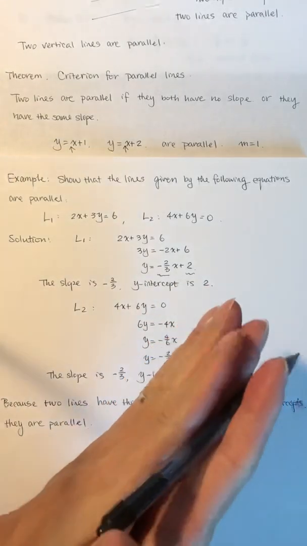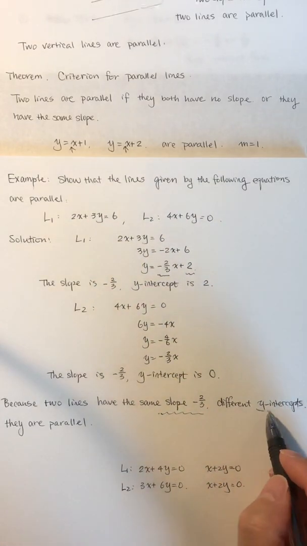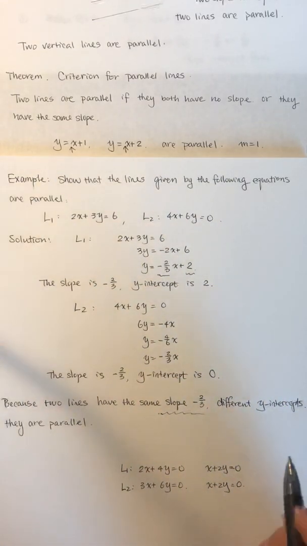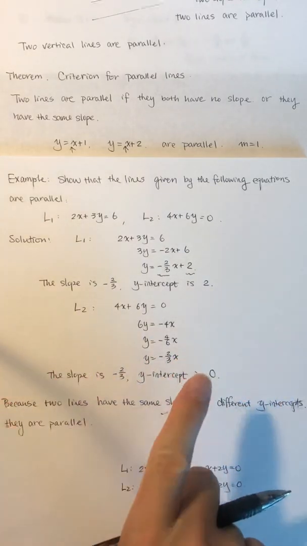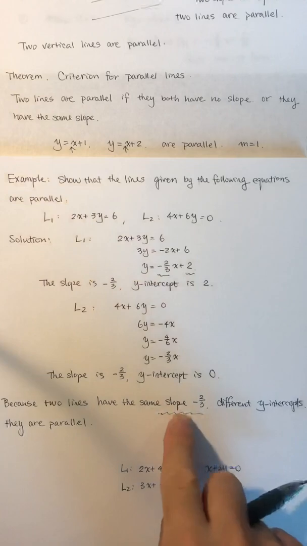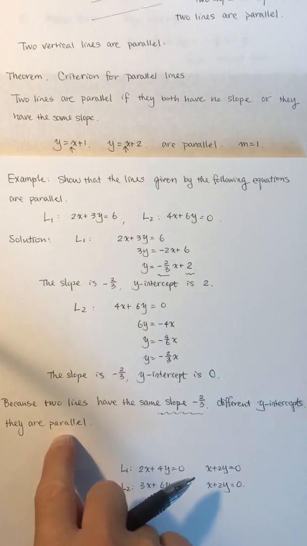If you have just one line, you couldn't say they are parallel. One line is not parallel to itself. Okay? So this different y-intercept just guarantees that in our discussion, we do have two lines. Two lines with the same slope are parallel.